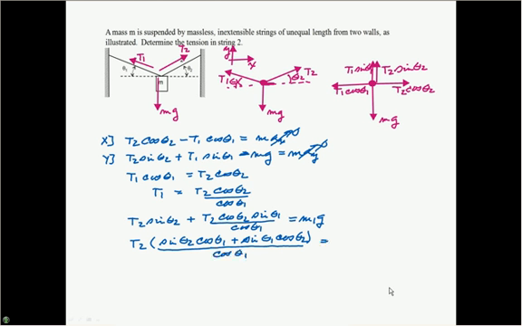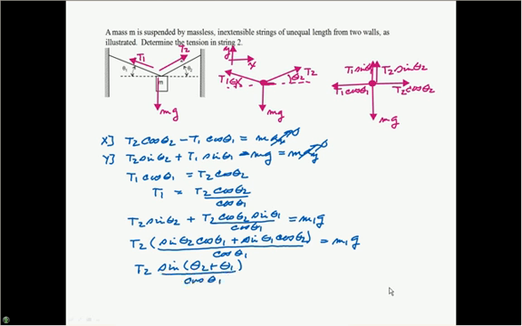The sine and cosine function in the numerator here is just equal to the sine of the sum of the two angles. So I can write this as T2 times the sine of theta 2 plus theta 1 divided by cosine theta 1 equals m1g. And we are done.